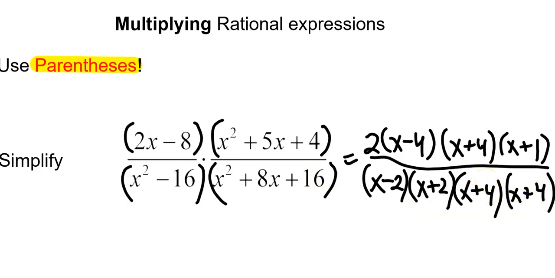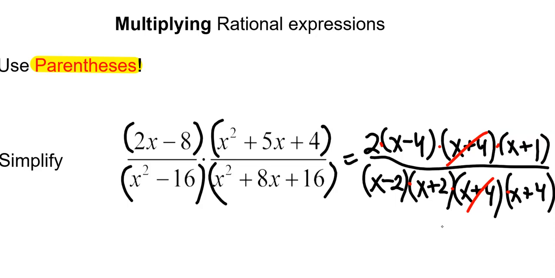And since there's multiplication in between each thing, we couldn't do this before, but now we can. We should be able to cancel even if they're not directly on top of each other. So x plus 4 cancels. I was really hoping for more factoring to be done there.